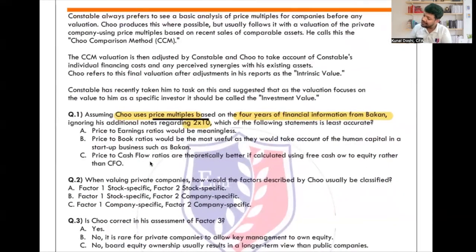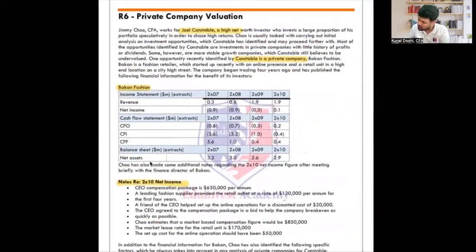Which of the following statements is least accurate? Now, when they say something like that, you'll have to check the statements one by one and verify from the exhibit that they've given. P/E ratio would be meaningless. Let me see. Yes or no?